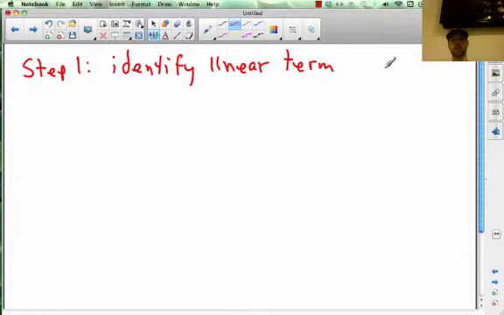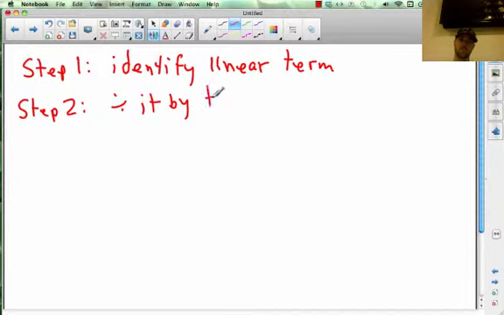The one in front of the x is the linear term, and then the other one is obviously just a constant. So identify the linear term. Step 2, divide it by 2. So divide that linear term by 2. Step 3, square that sucker.